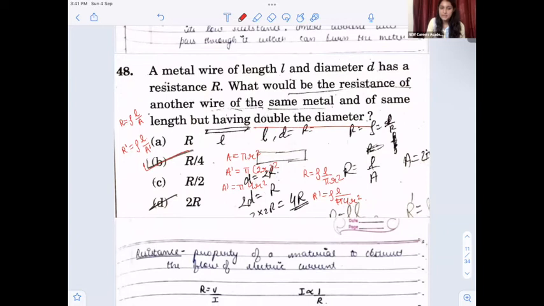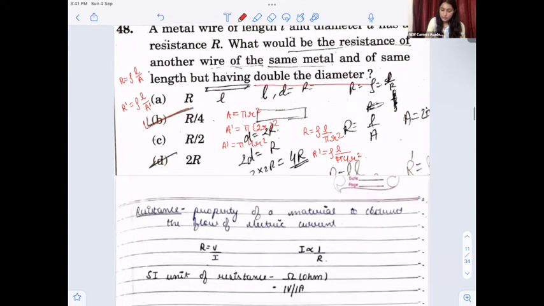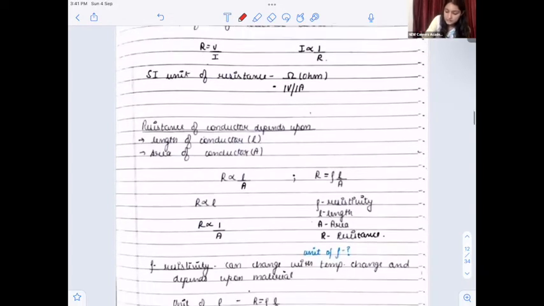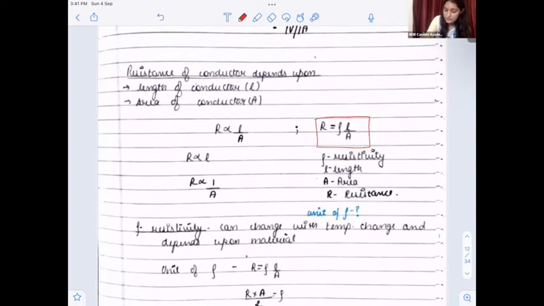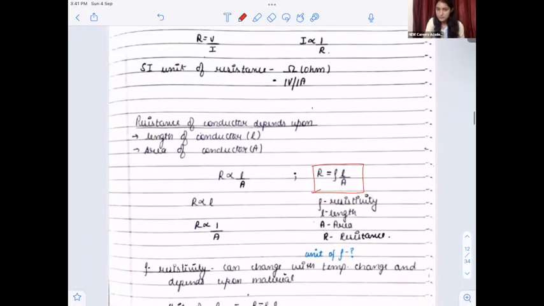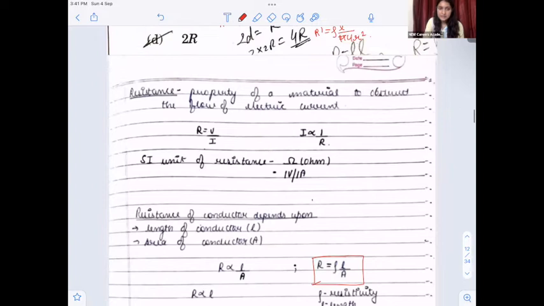Answer is option B. We have practiced many questions using this expression. This expression is very important. There are shortcuts also. Option B is the answer.